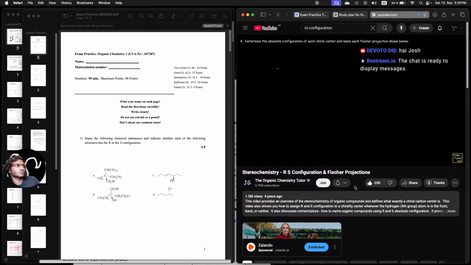Now let's try another example. Go ahead and name this Fischer projection and determine the configuration at each chiral center, just like we did before.